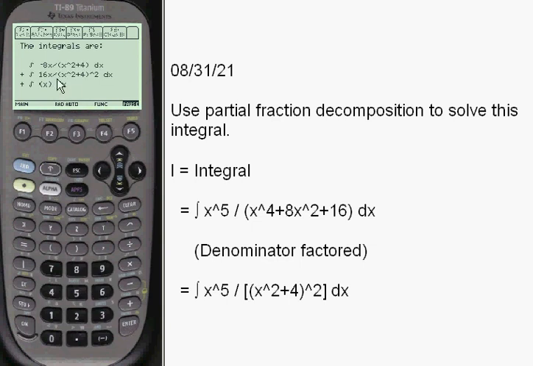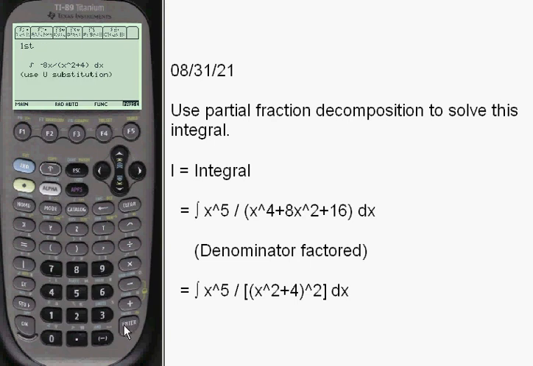And so now we're going to integrate these. Okay, so the first integral is minus 8x over x squared plus 4 dx. The next one is 16x over x squared plus 4 to the quantity squared dx, and then we have our quotient from the long division, x dx, right?